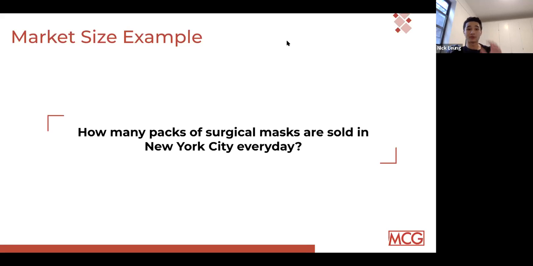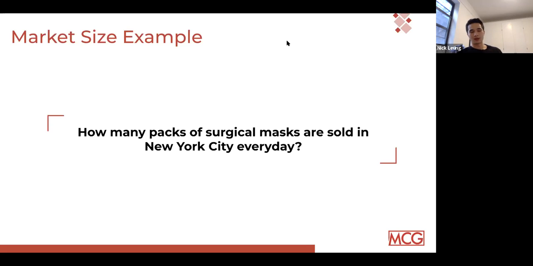So perfect. That was actually a really clean market size. Pretty impressed. As everyone was doing again, they were saying, I think we should segment the population by this. They were making good granular assumptions. You're not jumping to, how many packs of surgical masks are sold in New York City, and then saying there's 10 or something like that.